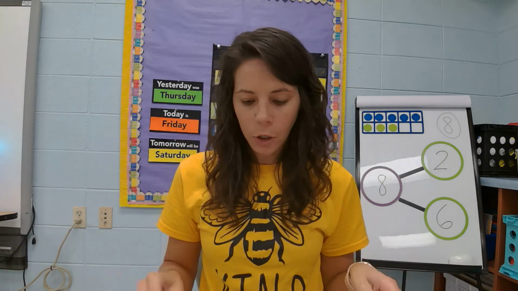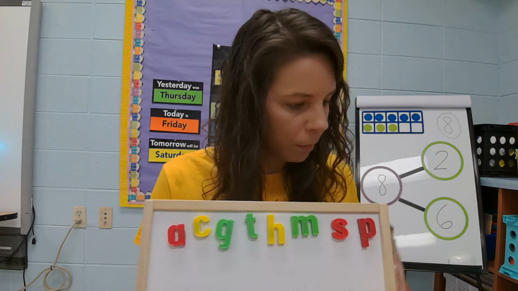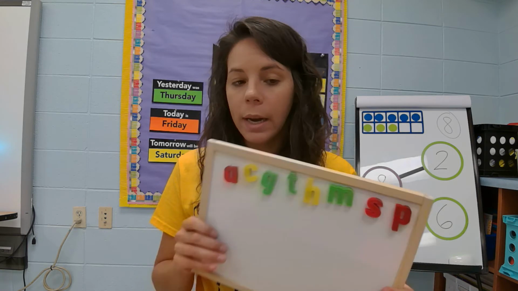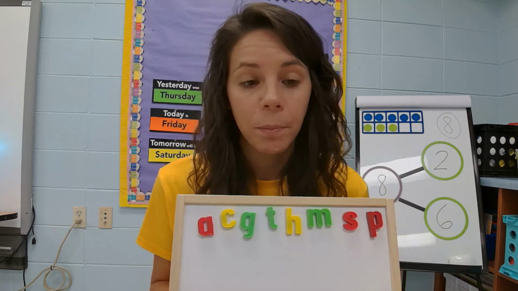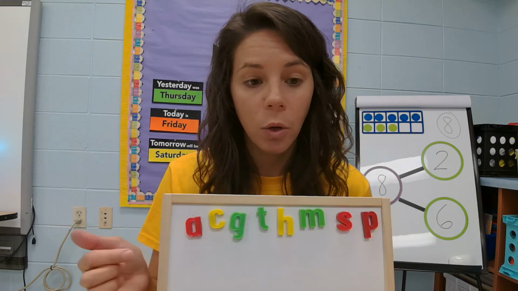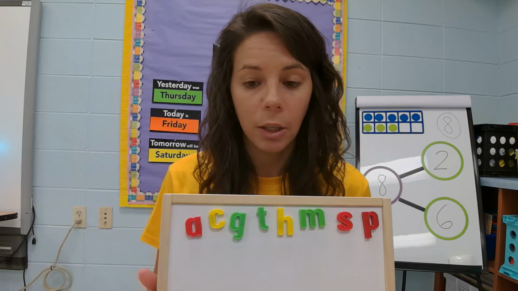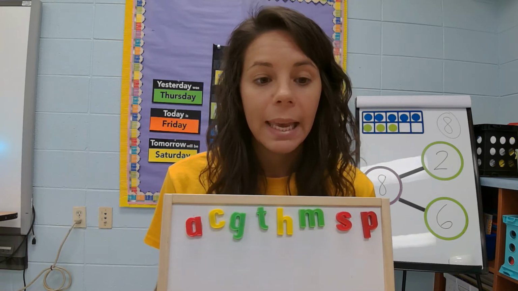So I want you to have your letters ready. Okay, and I'm going to say a word, and we're going to blend it. Just like you did writing them, but now we're going to use our tiles. So I'm going to pull it down just a little bit. All right, so our first word is cat.